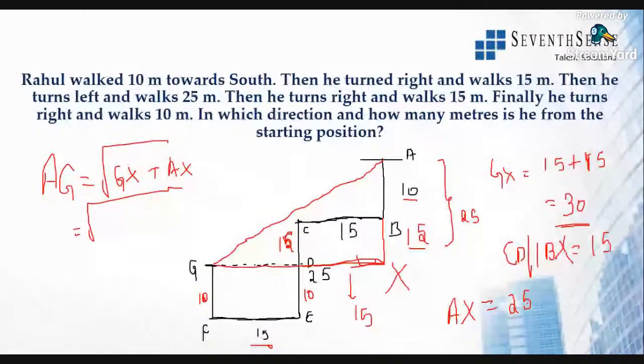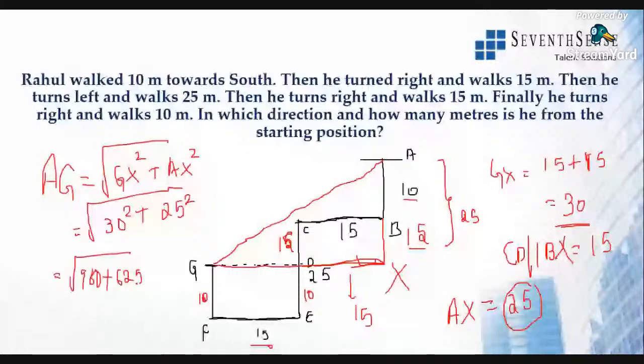Now we need to find the value of AG. AG squared is GX squared plus AX squared. So GX squared is 30 squared, AX squared is 25 squared. So this will be the square root of 30 squared, which is 900, plus 25 squared, which is 625. So what will be the value? Square root of 1525.